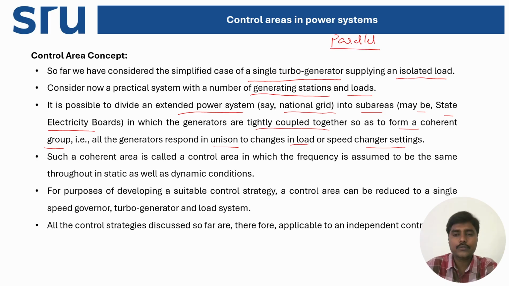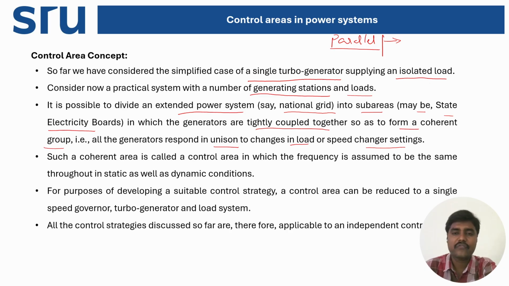Whenever we want to connect two or more AC generators in parallel, we have to satisfy certain conditions. Those are called the conditions for parallel operation of generators, which we might have studied in the AC machines course.